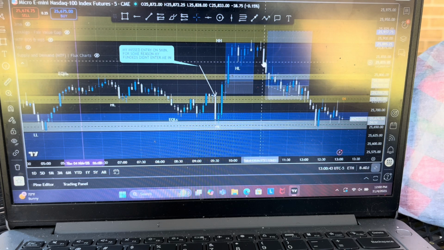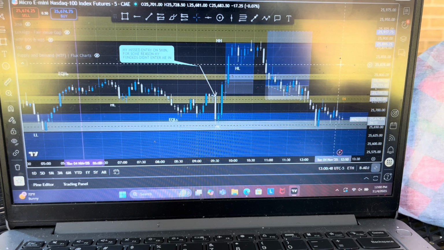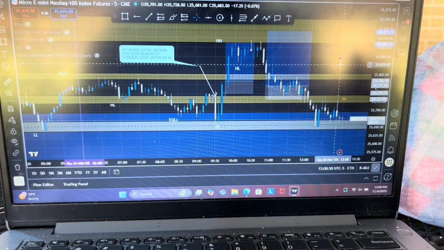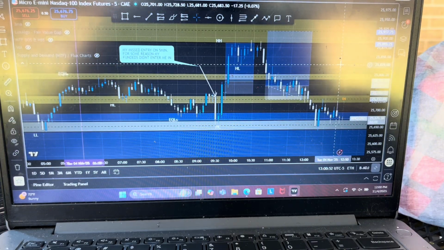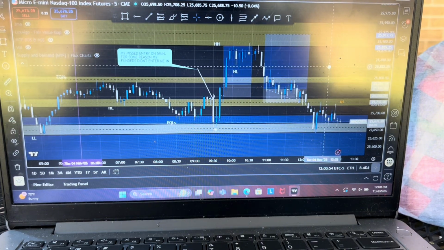So I entered into my Theedgefunder account, then switched over to my Top Step to get into that trade. My Top Step was frozen, it would not load. And when I went back to my Theedgefunder account, it never put me in a trade.